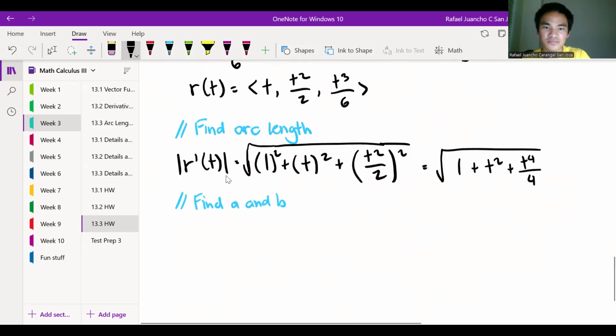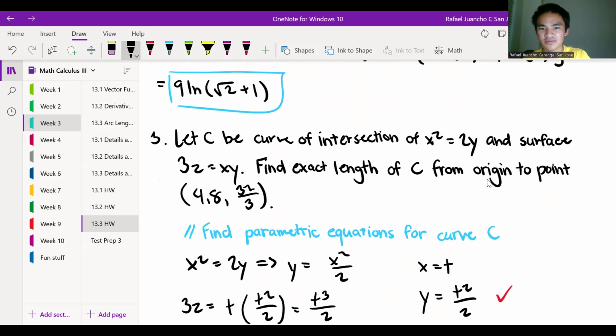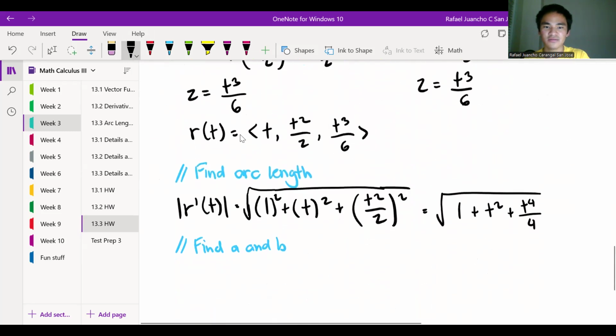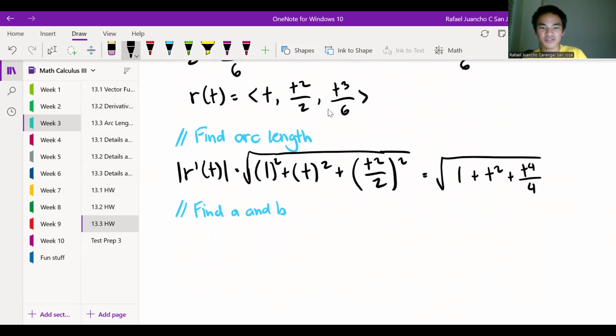So my a is the origin. From the origin, what t do I need? Well, of course, that's just 0. So r of 0 will give me (0, 0, 0), which is exactly the origin. So here my a is equal to 0.